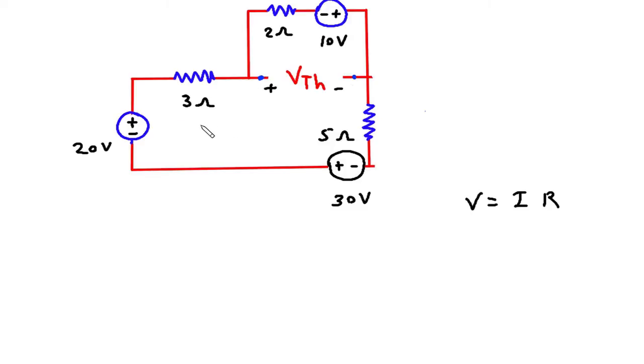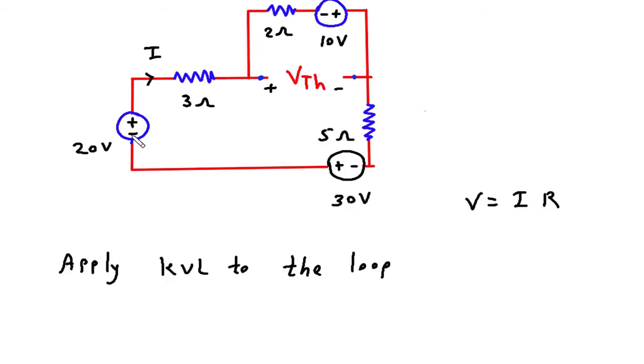Let's assume this is current I. So apply KVL to the loop. We will start from here. So this will be minus 20.